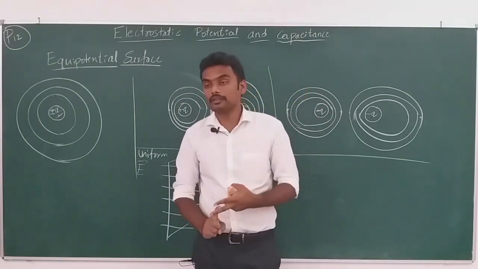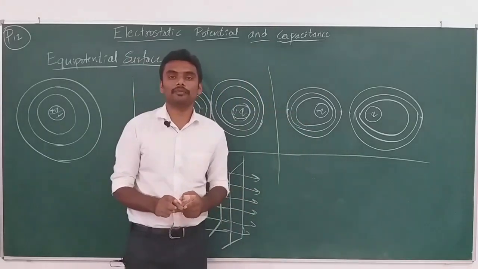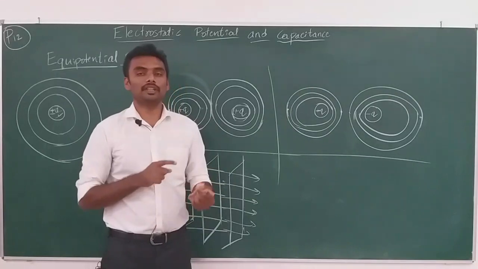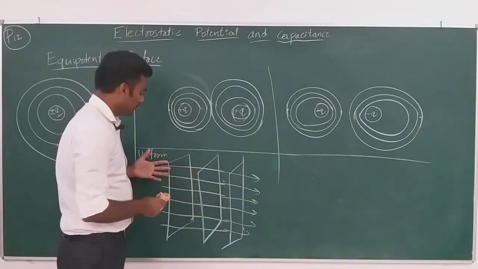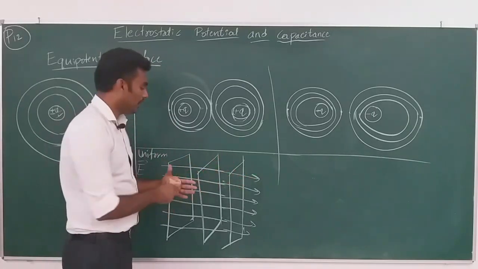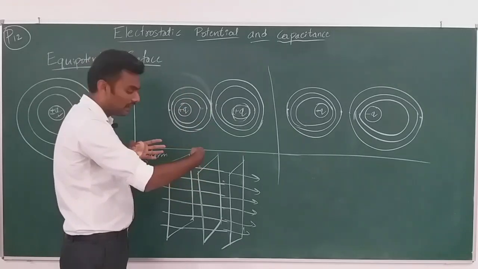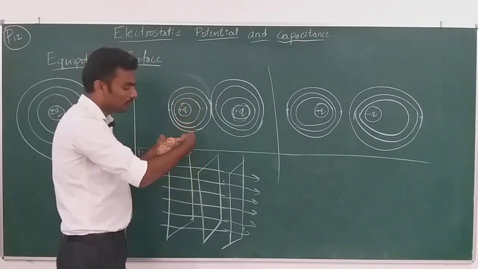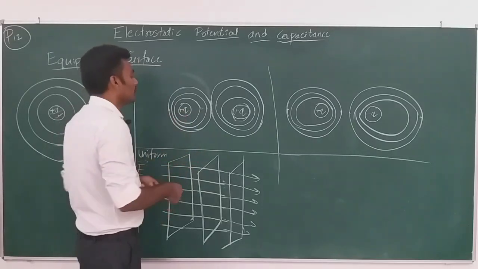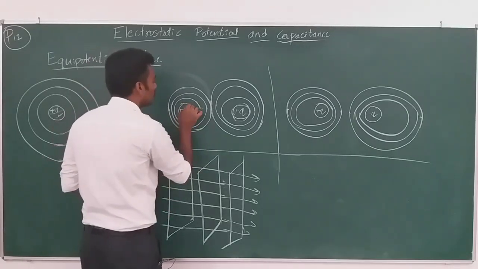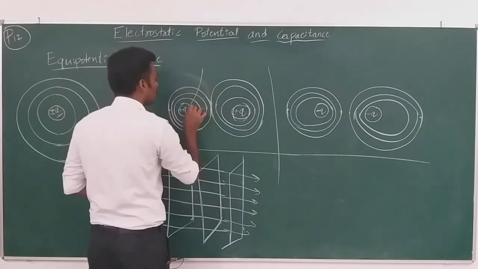The second property is that electric field lines are always normal to the equipotential surfaces. That is what we can see here. The field lines are like this, and the equipotential surface is like this. So field lines are normal to the equipotential surface considered. Even here, if I draw the electric field lines for this arrangement, they look like this.